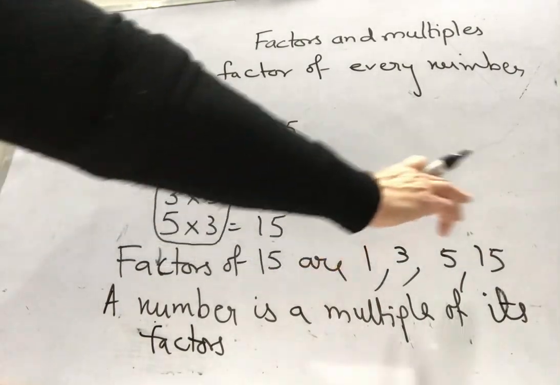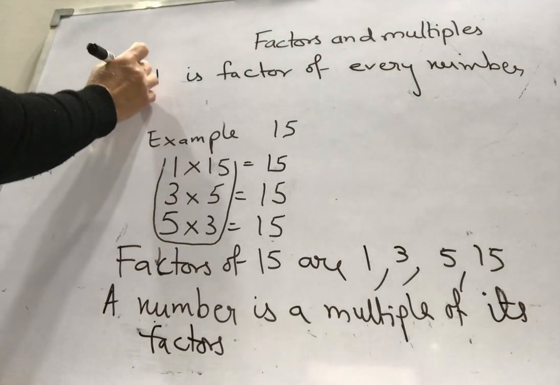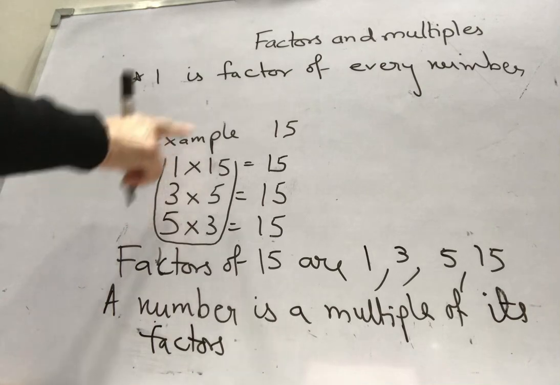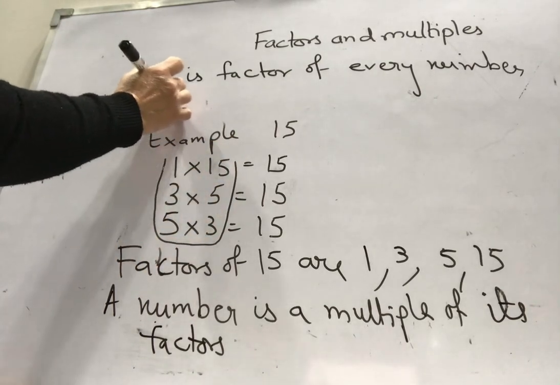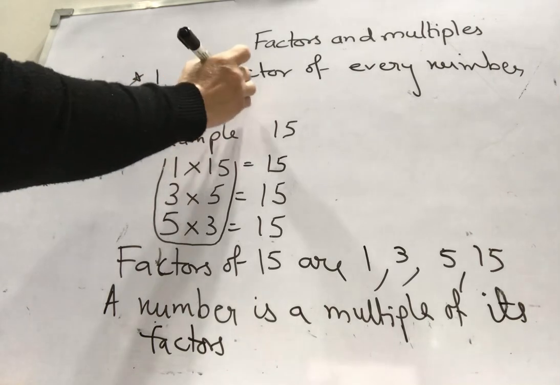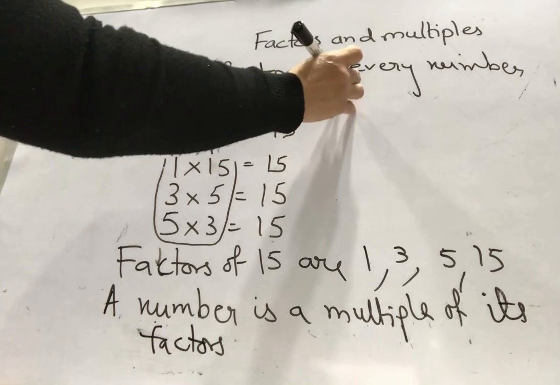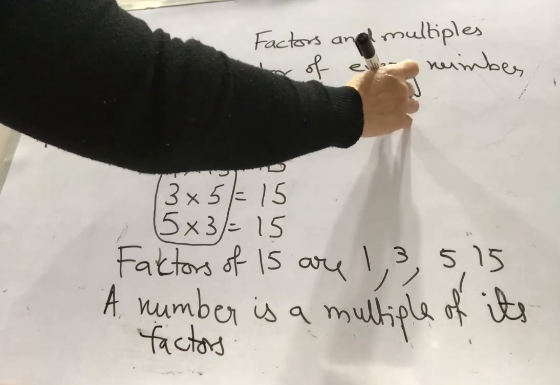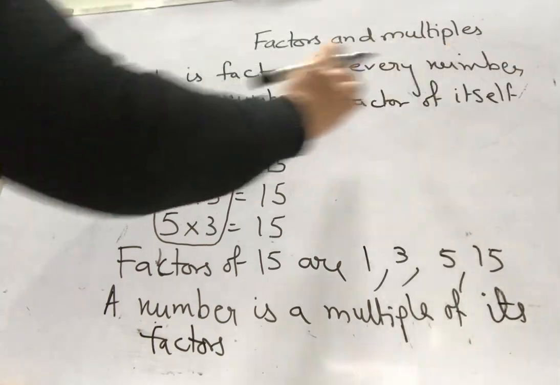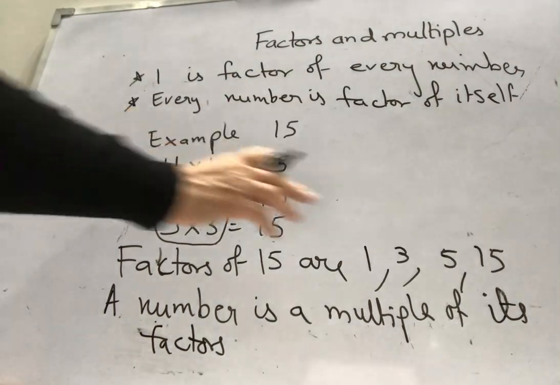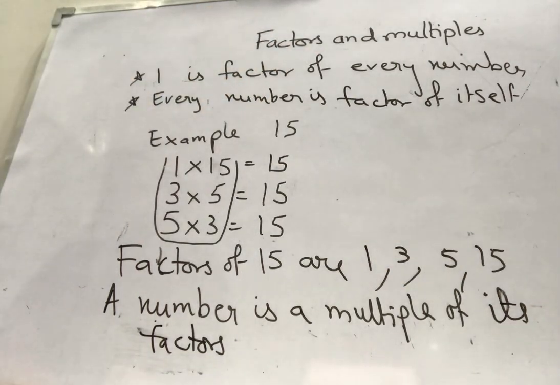So 1 and the given number are always factors. So the first thing we have learned, 1 is a factor of every number, and second, every number is a factor of itself. Like in this case, 15 was the given number and it is also its factor.